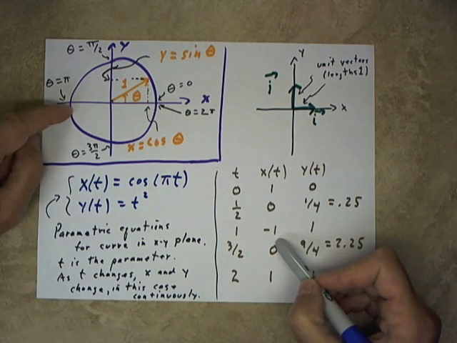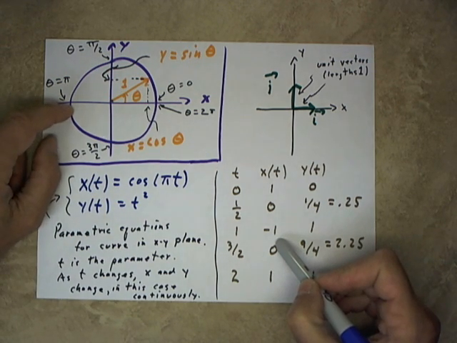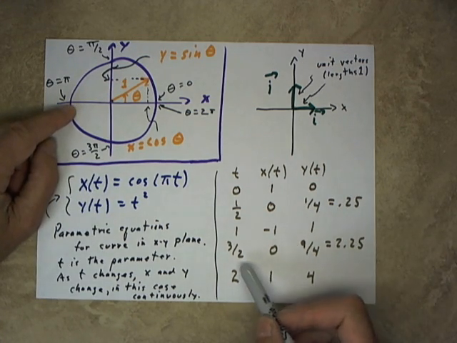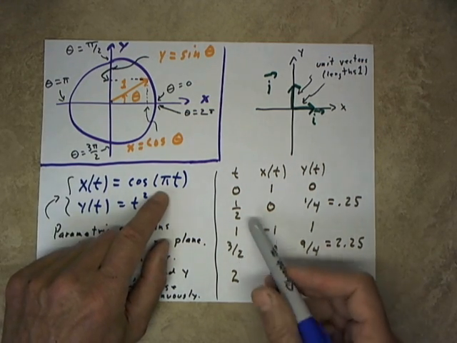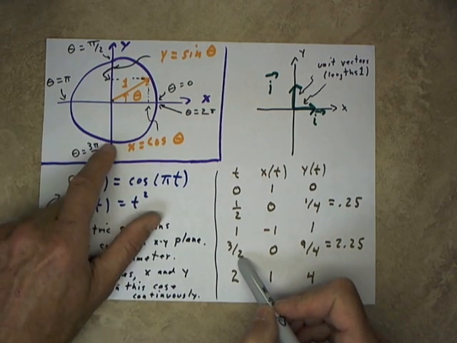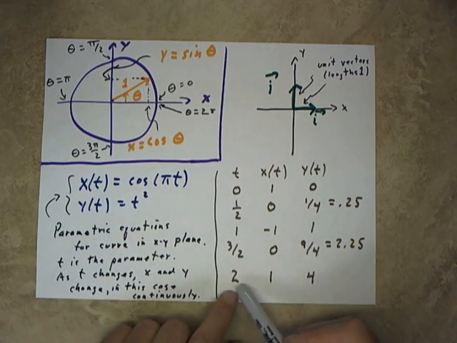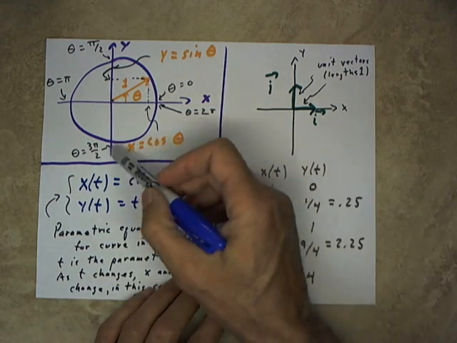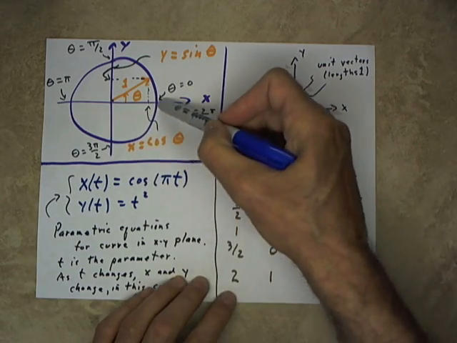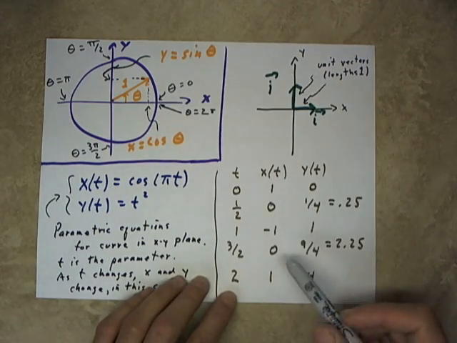That puts us at this point on the circle, and x is equal to -1. At t equal 3/2, we have 3 pi over 2. That puts us at this point. The cosine is again 0. And then if t equals 2, cosine of pi t will be the cosine of 2 pi, puts us back at this point, and the cosine is equal to 1.